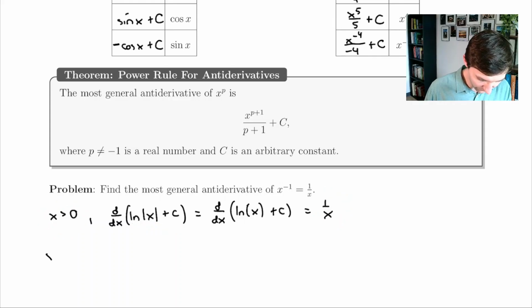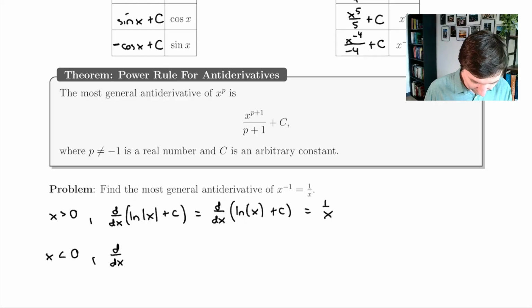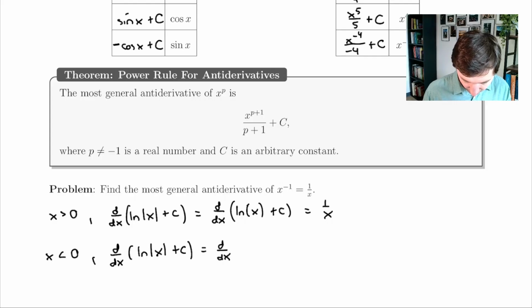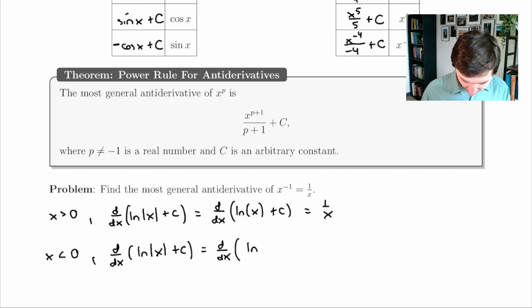What about on the interval between negative infinity and 0? The derivative of ln of absolute value of x plus c is the same thing as the derivative of, and now because x's are negative, to rewrite this function without the absolute value sign, I will put a minus in front of x. That is the same thing as ln of minus x plus c.